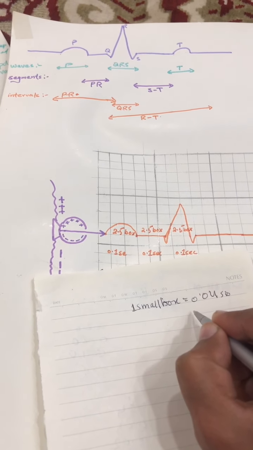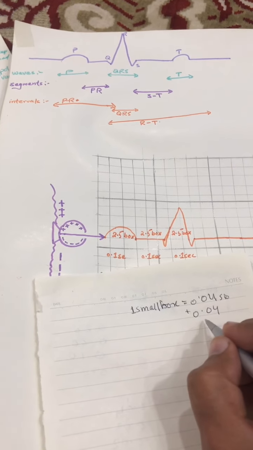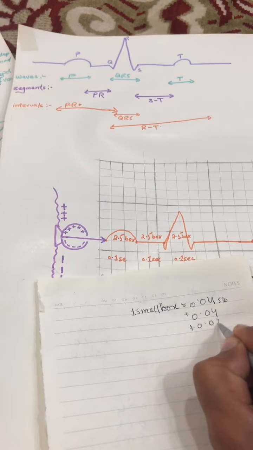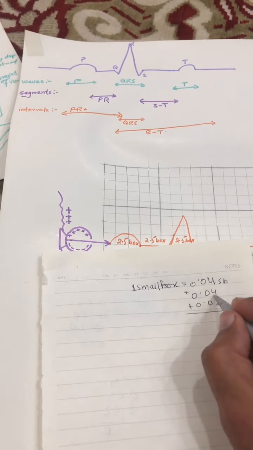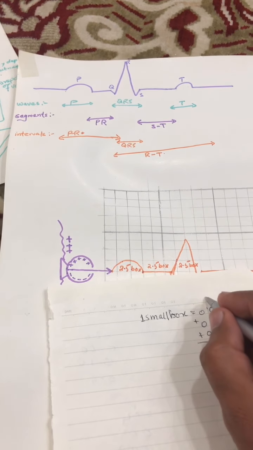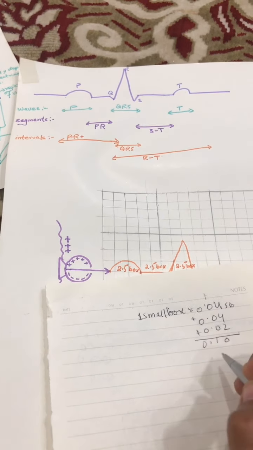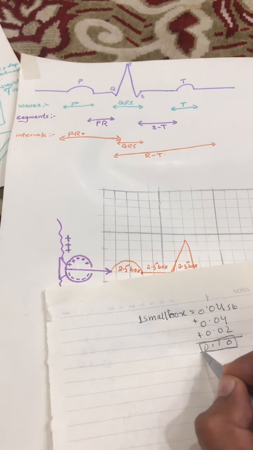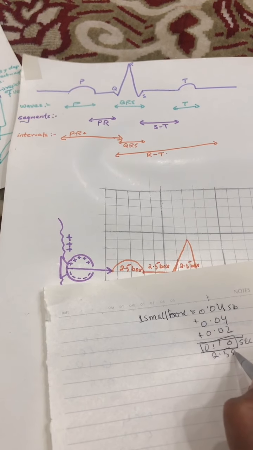So 2 small boxes will be 0.08, plus half a box, which is 0.02. Adding it, 8 plus 2 is 10, put 0 over here, and carry 1. So overall 1 P wave is equal to 0.1 second, which is equal to 2.5 small boxes.